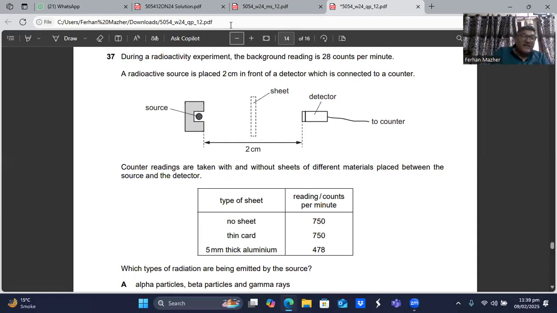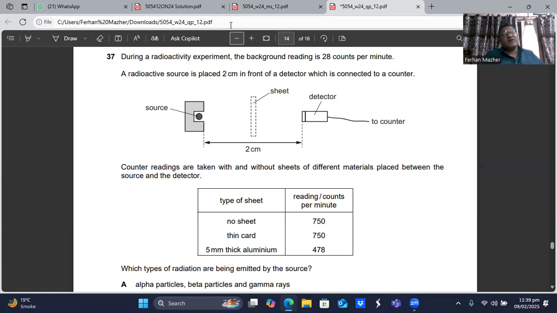But there is still a high reading, which means it also has gamma rays, because the gamma rays can pass through the aluminium, but the beta particles cannot.